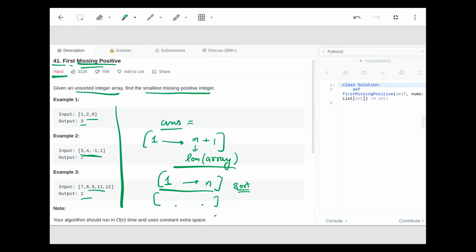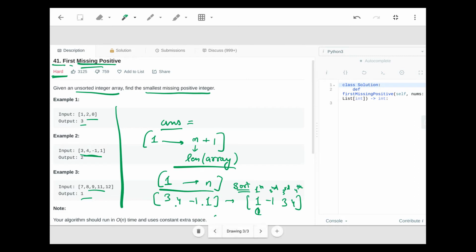So I will rearrange this 3, 4, minus 1 and 1 array into something like 1, minus 1, 3 and 4. So our number 1 is on 0th index. Let's say our index is 1 based though. So this is first index, this is second index, this is third index, this is fourth index.